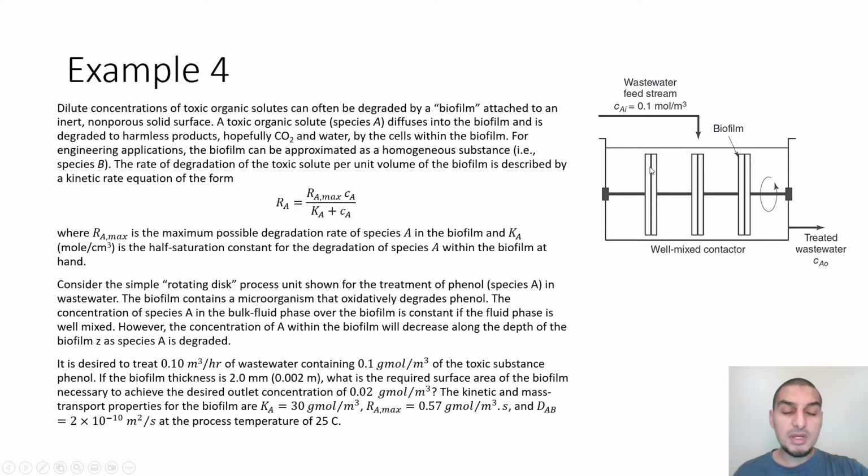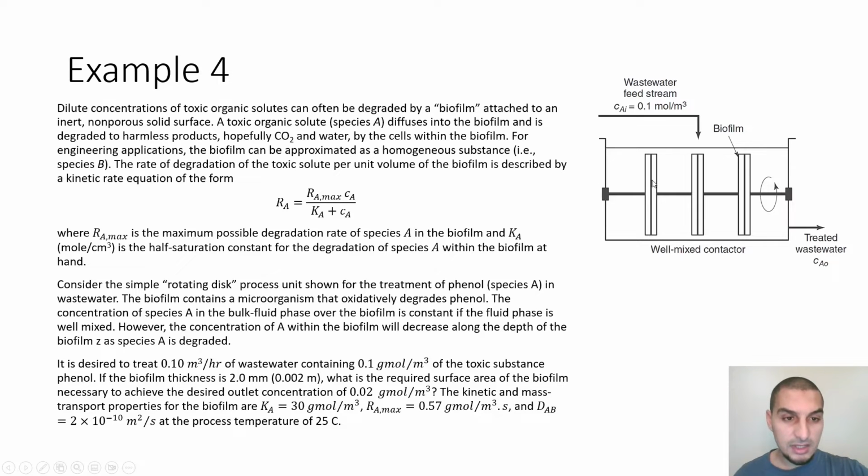And the microorganisms are not dispersed in the whole volume that we have. They're immobilized in a biofilm, which is this thing. So it's a circular disc that is held with a shaft, and the biofilm is sticking to both sides of this disc.